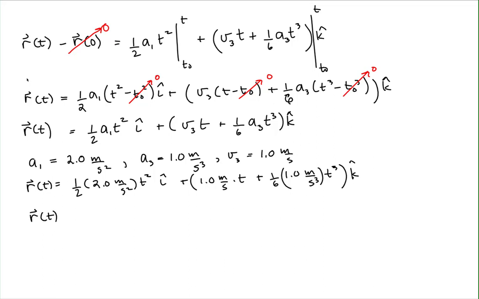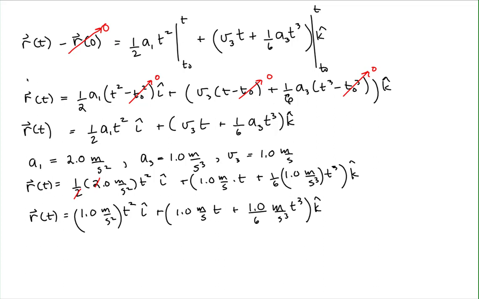Simplifying, we see a 2 cancels with the 2, and we will have 1.0 meters per second squared, t squared for the x component, and 1.0 meters per second t plus 1.0 over 6 meters per second cubed, t cubed, for the z component.